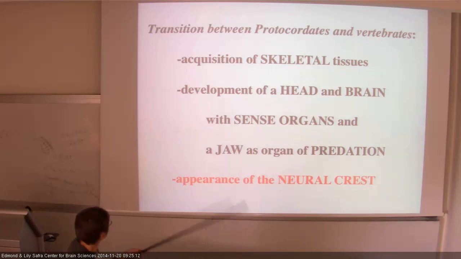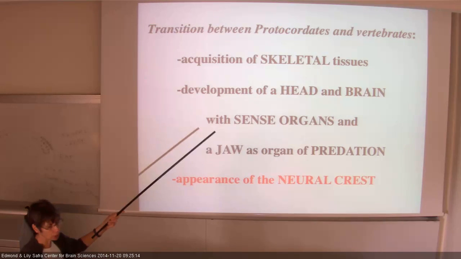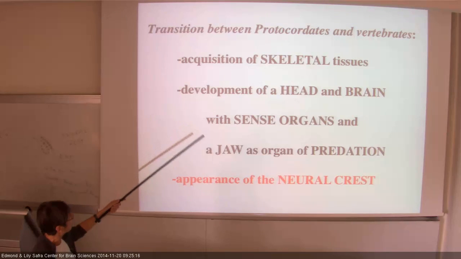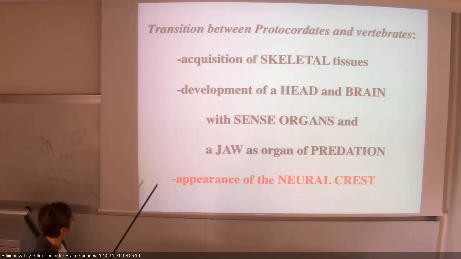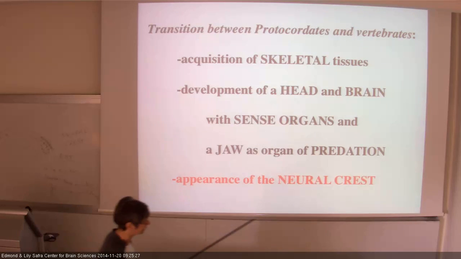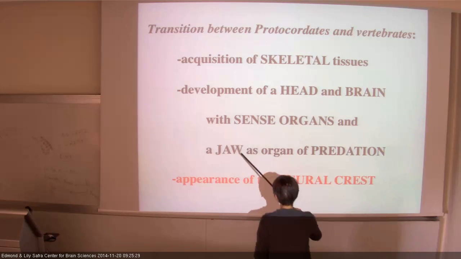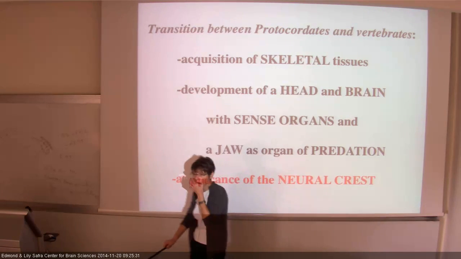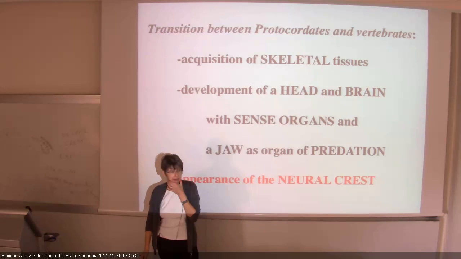So what they say is this is in the transition between protochordates and vertebrates. It's the acquisition of skeletal tissues. It's the development of the brain, which needed a protecting head on top of it or around it with sense organs, and also a jaw as an organ of predation, because your jaws are also neural crest.